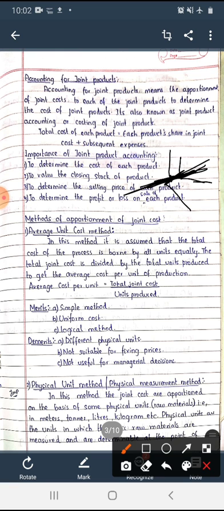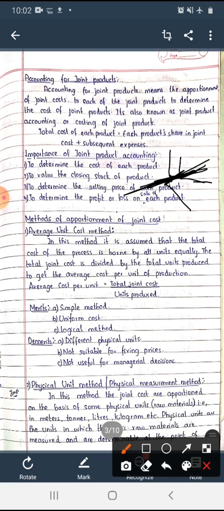Up to this point all the inputs and production processes are commonly used for all the joint products or main products and byproducts. After this point joint products or byproducts can be identified individually. This is the point of separation.